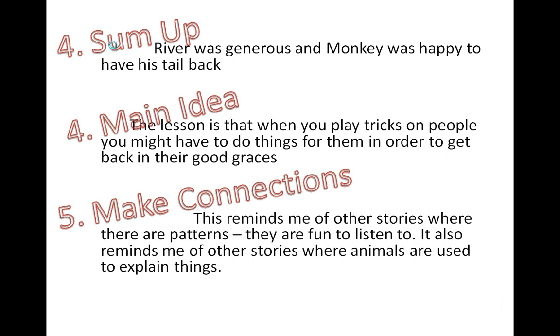So, to summarize the whole story, I would say the river was very generous to Monkey, and Monkey was happy to have his tail back, and Monkey was able to give and help the other animals that were fed up with him before. So I guess the main idea would be that if you play tricks on people, you might have to do things for them in order to get back in their good graces.